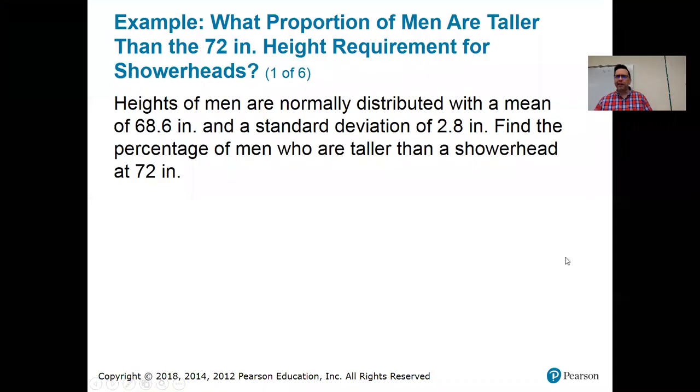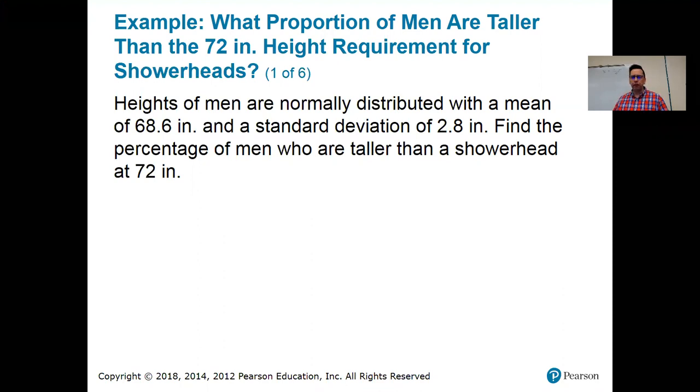So our first example: heights of men are normally distributed with a mean of 68.6 inches and a standard deviation of 2.8 inches. Find the percentage of men who are taller than a shower head, which is installed at 72 inches. Story of my life. All right, so the first step is to draw the picture.